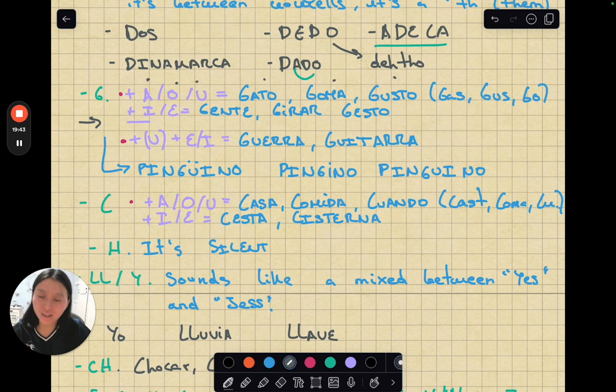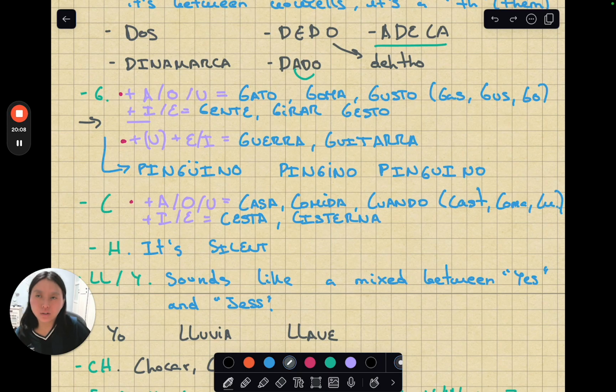So you would have gente, which is people. Depending on the accent, it's going to be pronounced in one way or the other. I personally would use the softer one, well, maybe not in classes, but in my everyday talking with my parents and everything. Okay? Gente, people, girar, to turn, gesto, gesture. Okay?